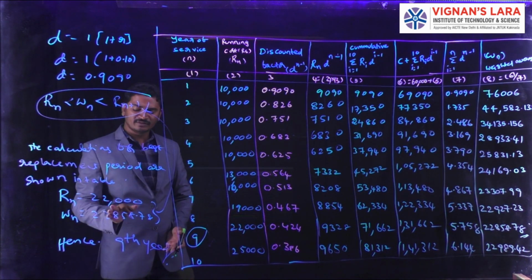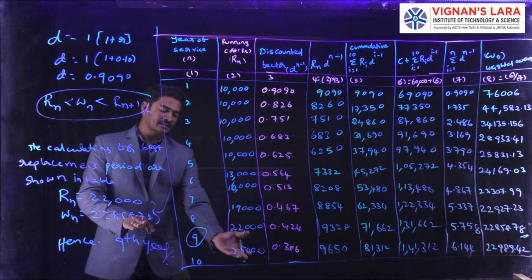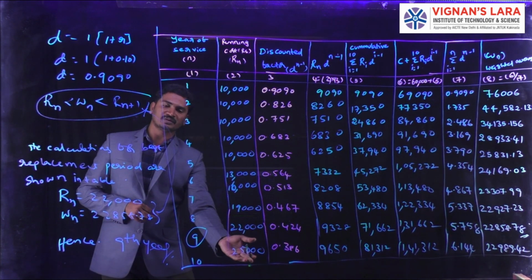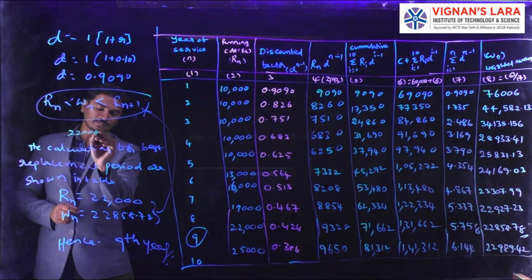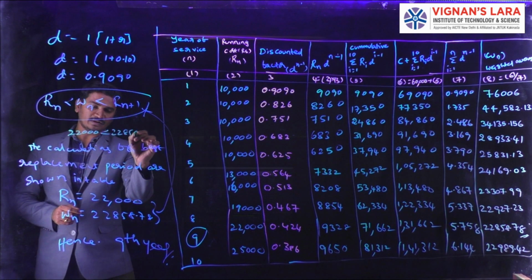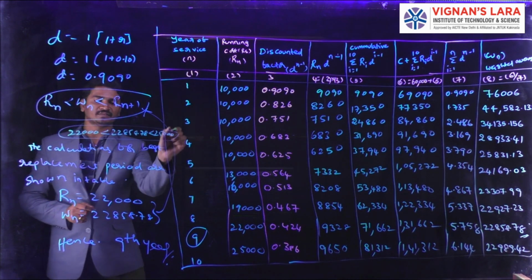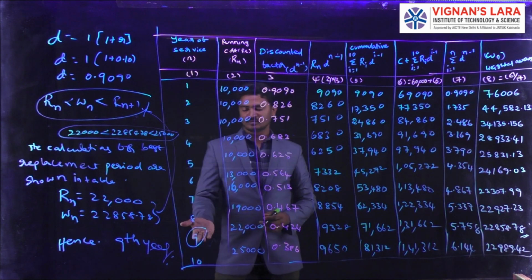Here Rn value is 22,000, Wn is 22,858.78. Next Rn plus 1 means 10th year, where we have the value 25,000. So it means it is 22,000, 22,858.78, 25,000. So the condition is satisfied. It reaches the optimality. The optimum condition is satisfied. So ninth year we are going to replace.